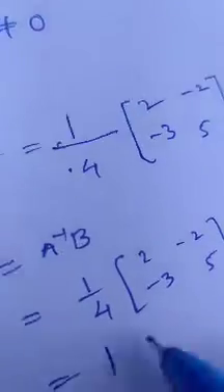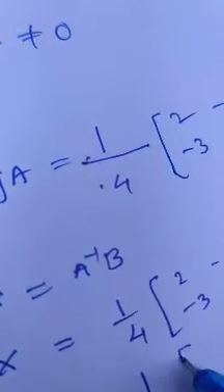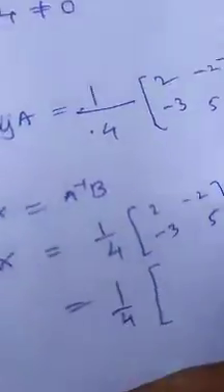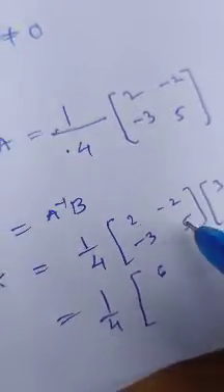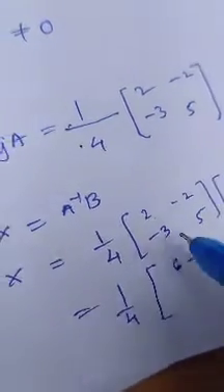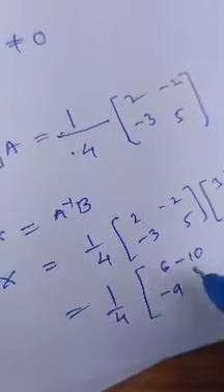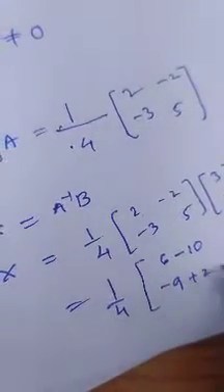Okay, so multiply this matrix, row into column, first row into column. So 2 into 3 is 6, minus 2 into 5 is 10, minus 3 into 3 is 9, 5 into 5 is 25.